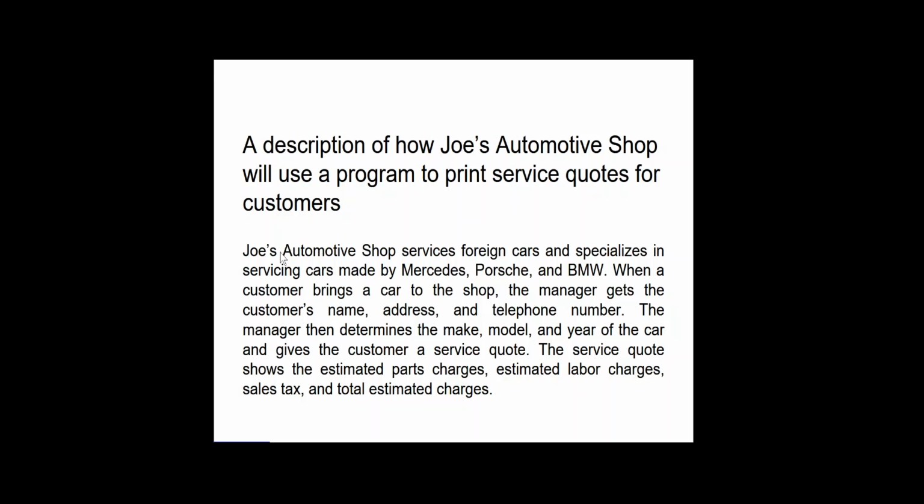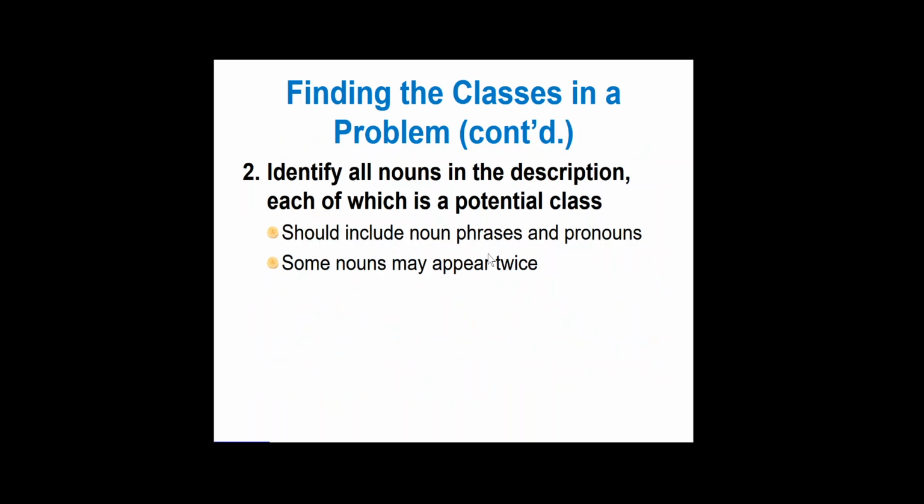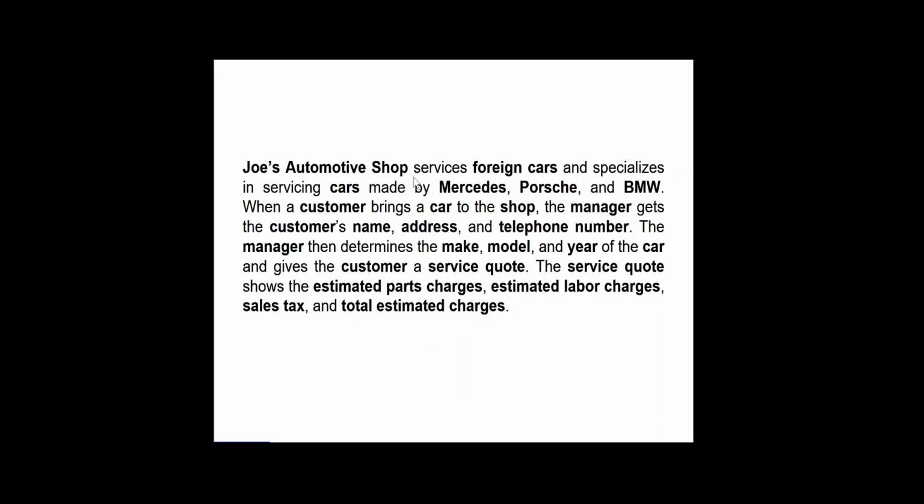You need to include, for example, Joe's automotive shop, and then foreign cars, then for example, cars again, so you don't repeat it, Mercedes, also Porsche, also BMW, so you need to list them all. Names, nouns, pronouns, also noun phrases, you need to include them all. So how many of those are available? So many. So in that case, you need to highlight them, as I said. So you need to highlight all these names.